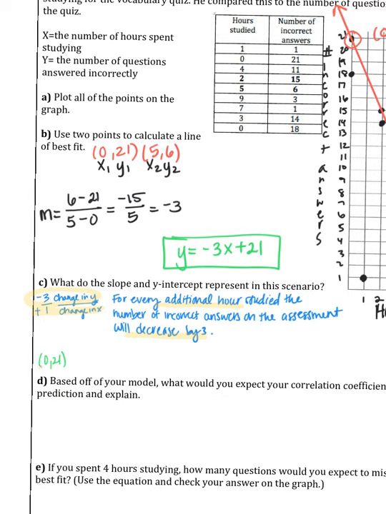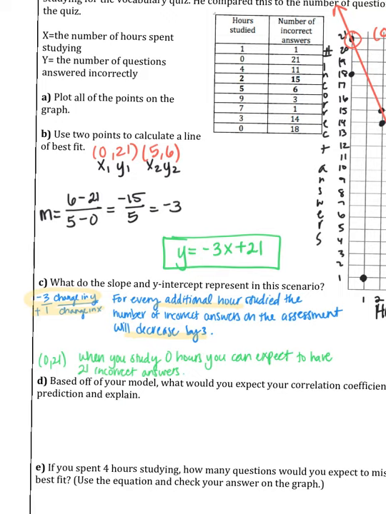When x is the number of hours studied equal to 0, you can expect 21 incorrect answers, based on our graph and our data, our model.